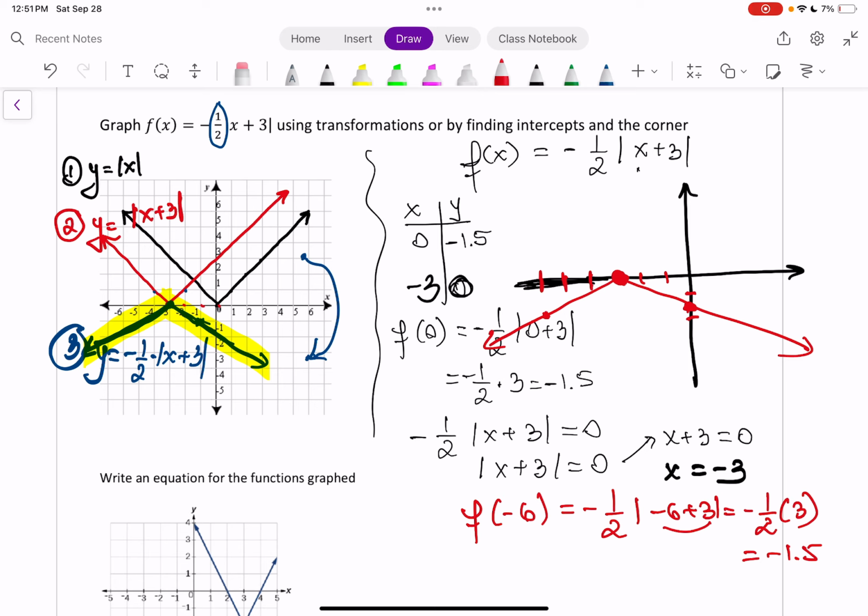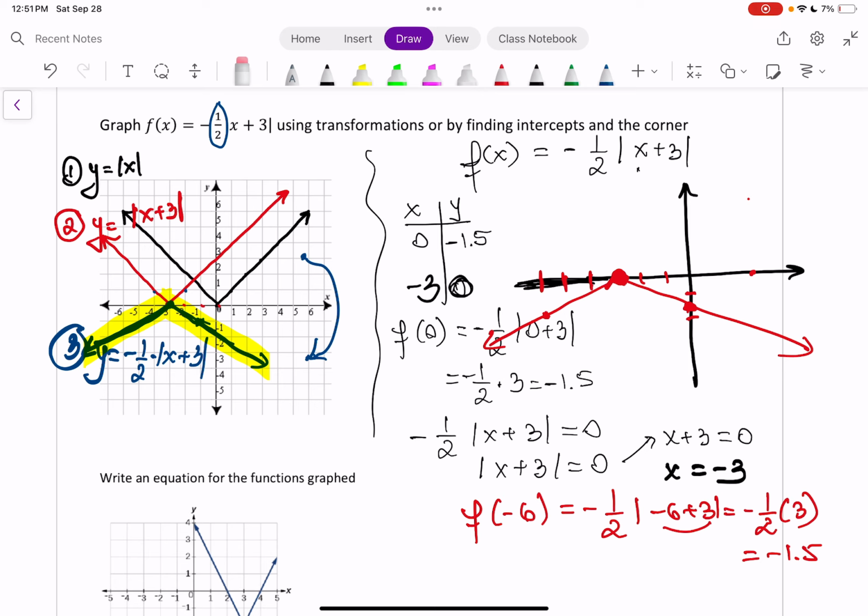See how I knew there is no other crossing point through the x-axis? That means this must be my corner point, okay? Because if we had the corner point somewhere else, the graph would have crossed 2 times. Okay, so I hope that makes sense.